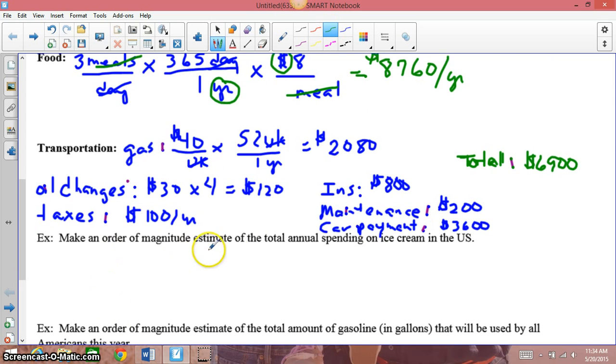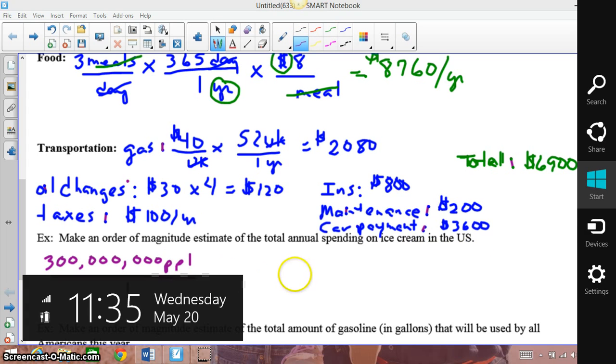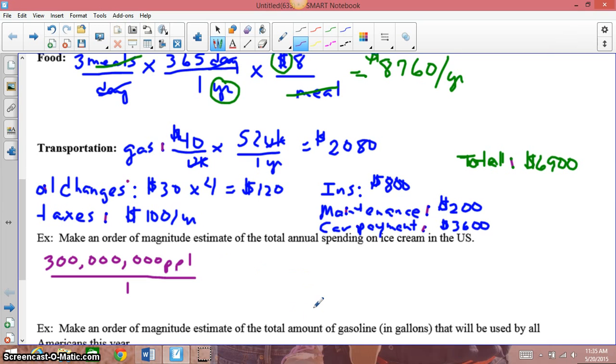It says, make an order of magnitude estimate of the total annual spending on ice cream in the U.S. Some may think, I have no idea even where to start. Say for example, well, we know that we have roughly 300 million people in the U.S. So take those 300 million people, and let's say that they each have maybe one serving a week.